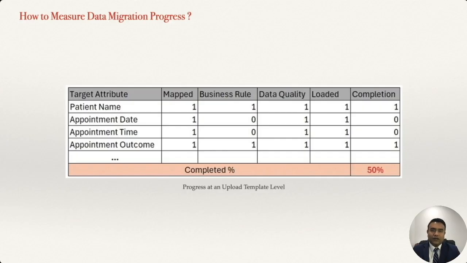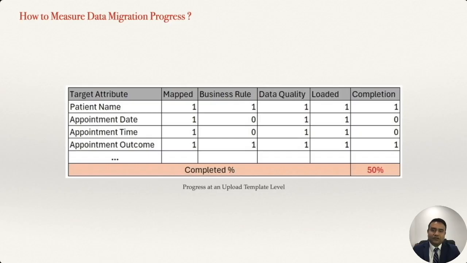However, updating zeros with 1 and sometimes 1 with 0 for mapped, business rule, and data quality flags was part of my regular work routine whenever I developed or changed ETL code in any target attribute.